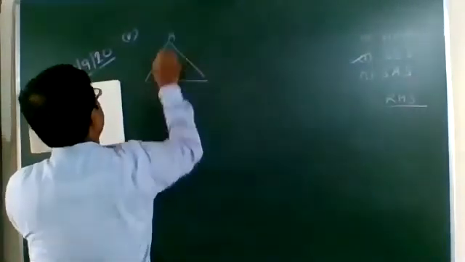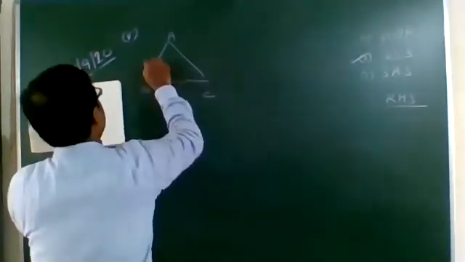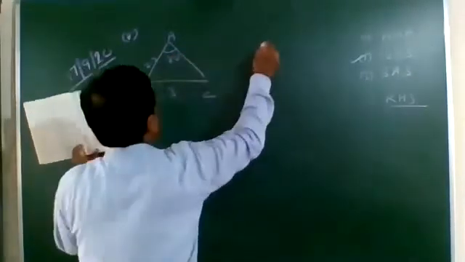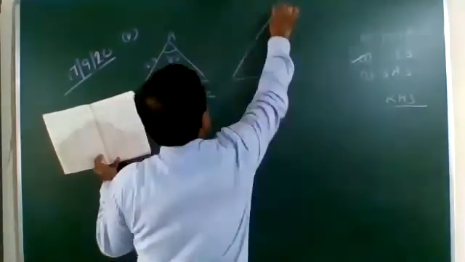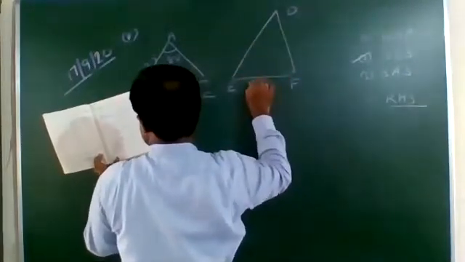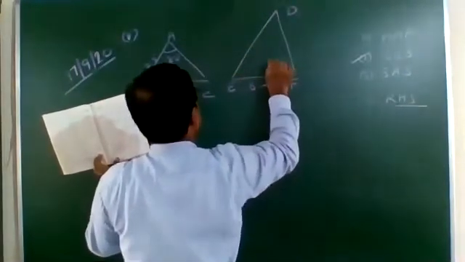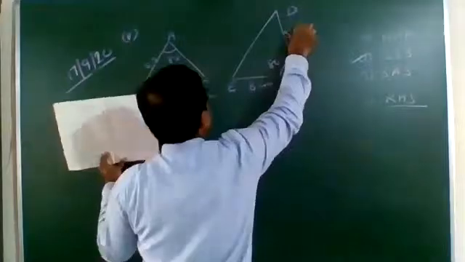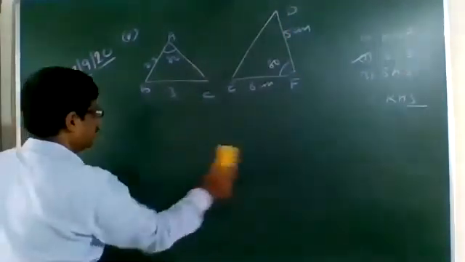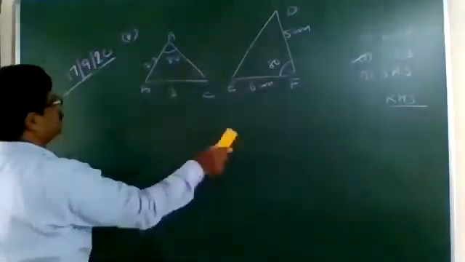This is A, B, C, 2.5, 3, 80 degree, and here we got D, E, F, 6 centimeter, 80 degrees and 5 centimeters. The triangles have to be shown similar.